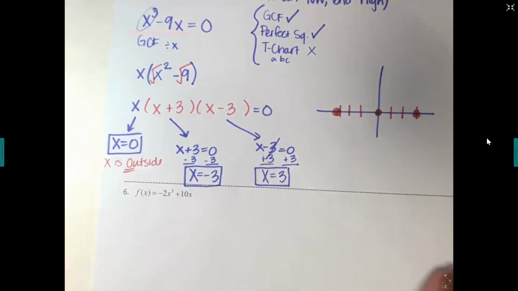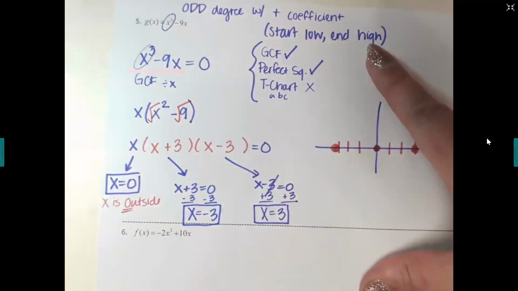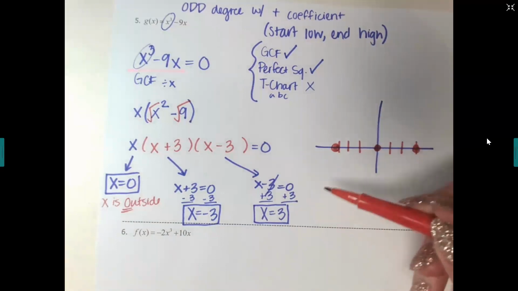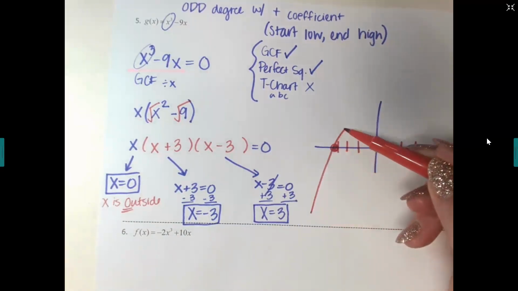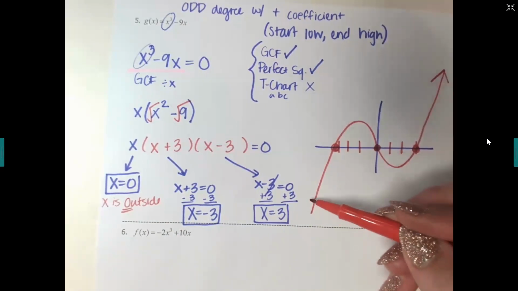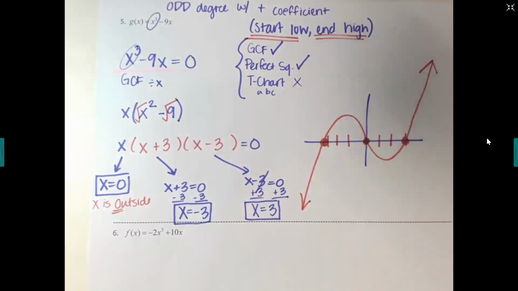Then from there, remember what I learned, it's going to start low and end high. So when I connect my dots, I'm going to start at the bottom, go up through the first point, down through the second point, up through the last point, so that it starts low and ends high. How do I know my ends are opposite ways? Because it was an x cubed, which is an odd degree.